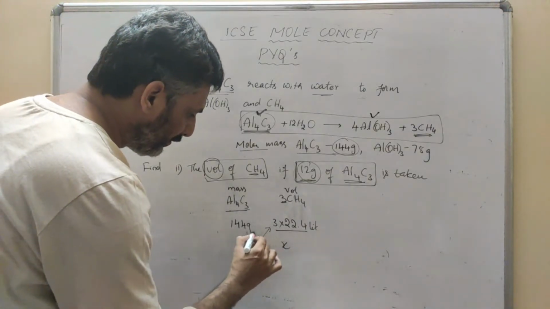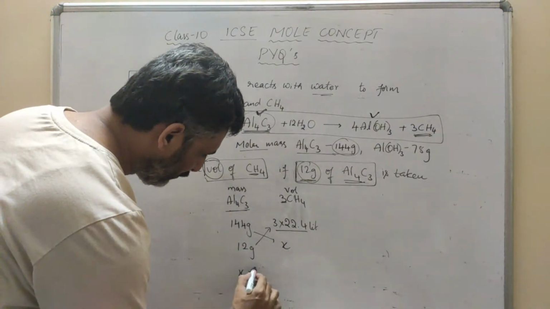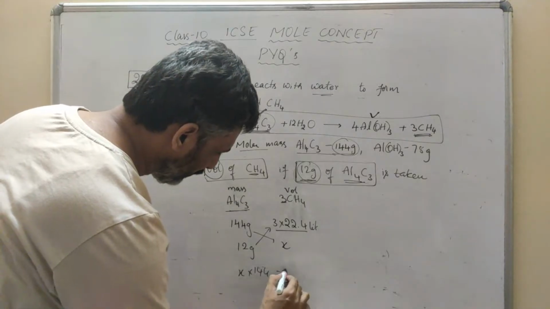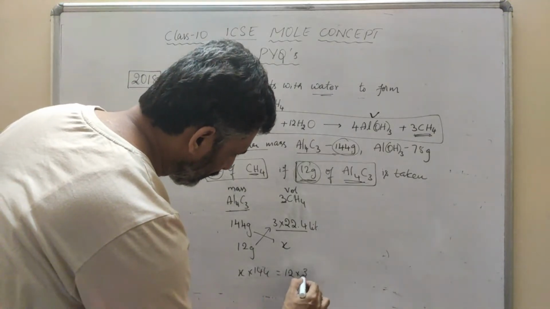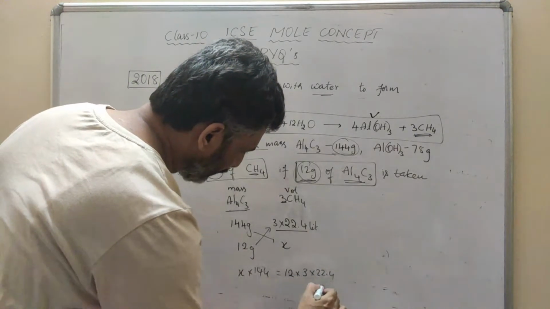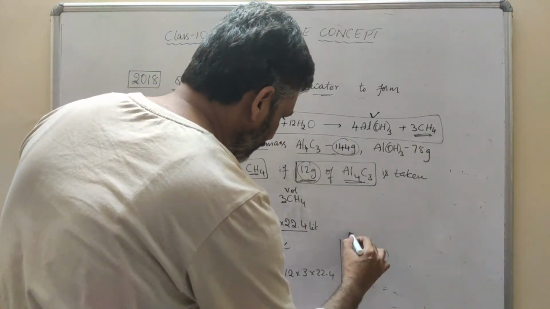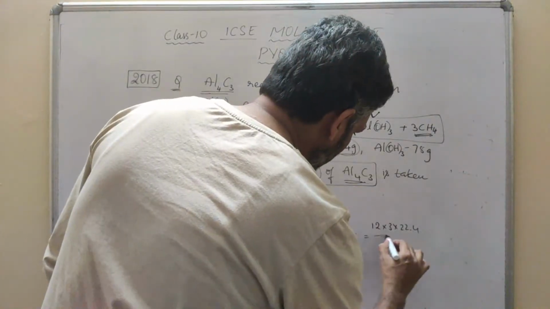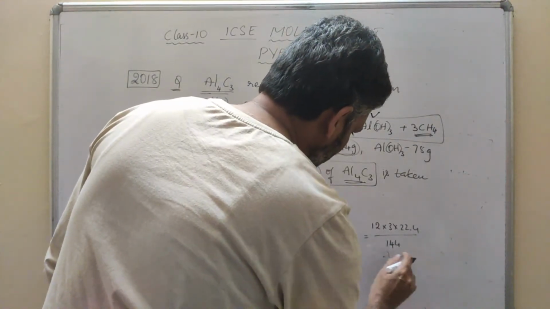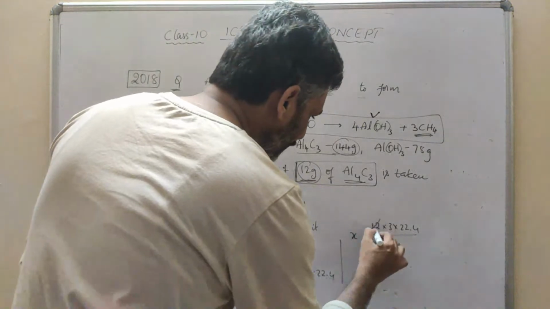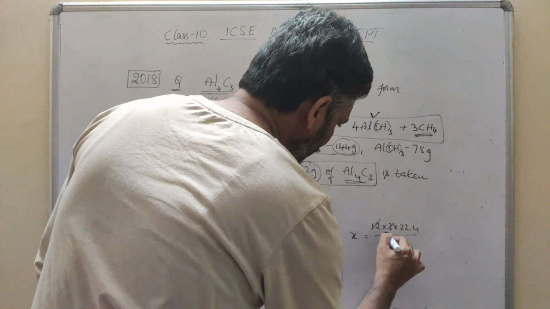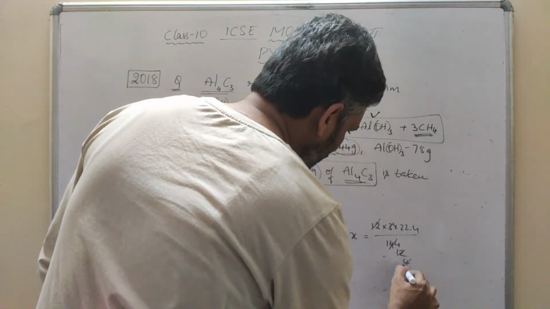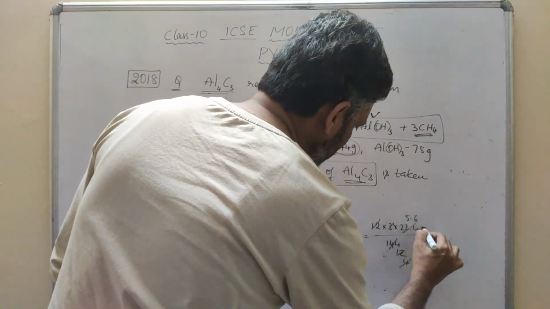Now cross multiply. X into 144 is equal to 12 into 3 into 22.4. So X is equal to 12 into 3 into 22.4 divided by 144. Cancelling, 12 goes 12 times, 3 in this 4 times, and 4 in this 5.6 times.